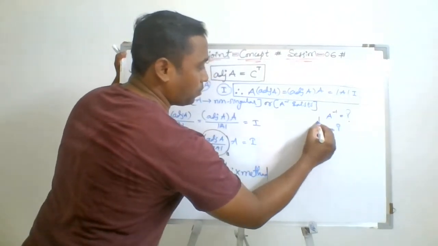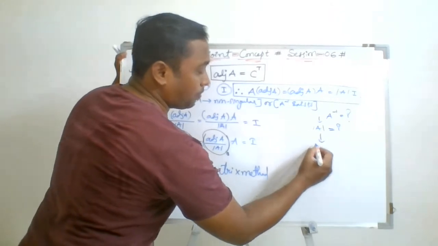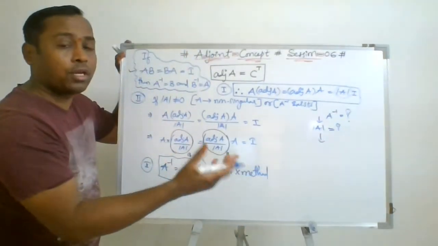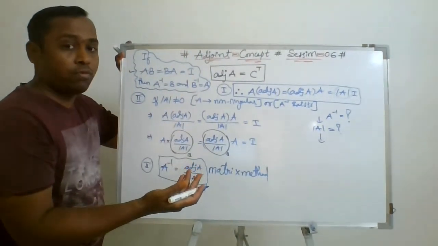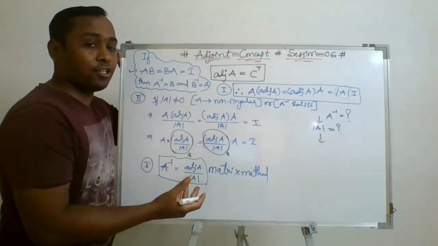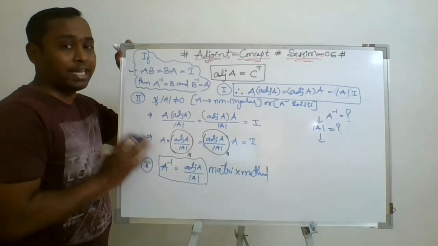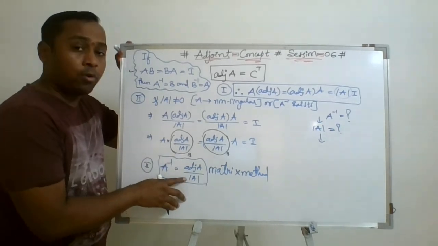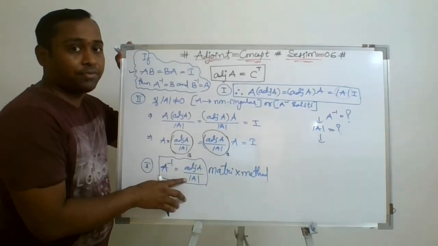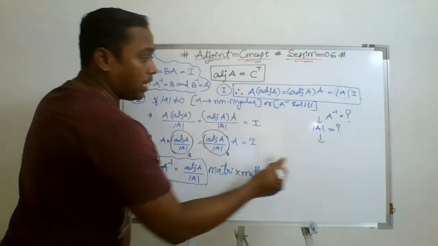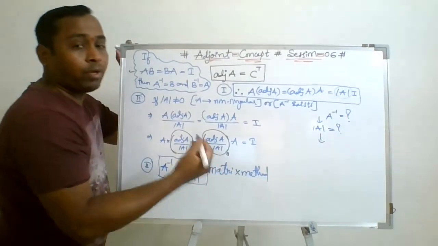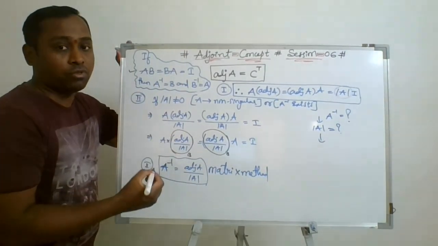The second step: if det A is 0, then there is no need to find the inverse, because we know that if det A is 0, it is a singular matrix where A inverse does not exist, as this formula is also not valid if the denominator is 0. Hence, we only proceed when det A is not equal to 0.